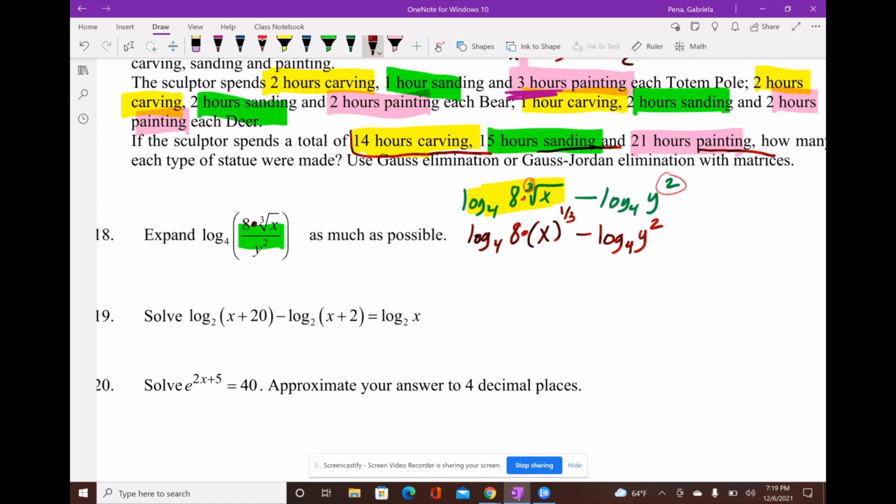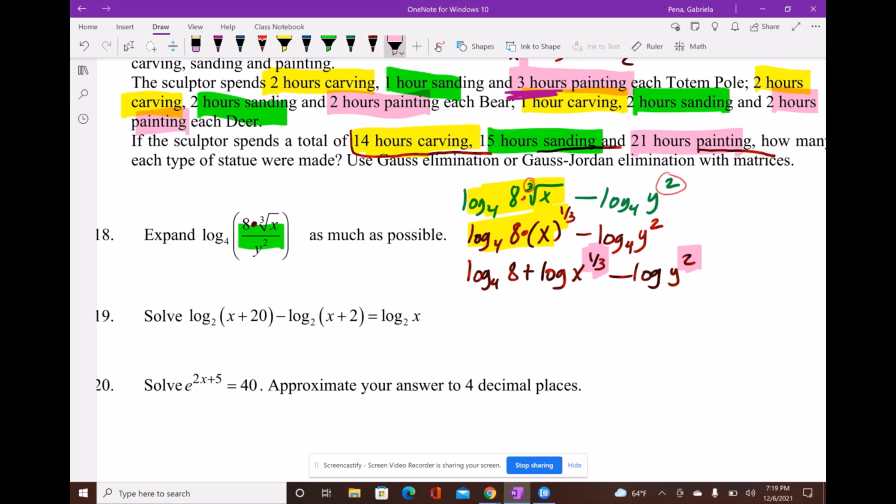Because this is being multiplied, what happens to it? We need to rewrite it as a what? Fraction? No. Addition. My goodness. Division. Multiplication becomes addition, dear children. And then what do we do with our exponents? Where do they have to go? To the front.